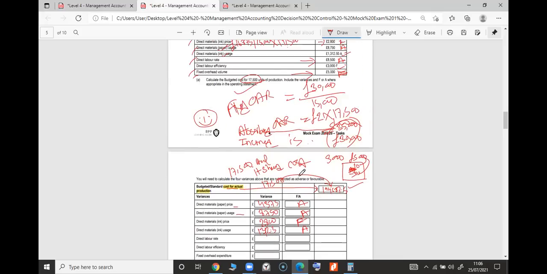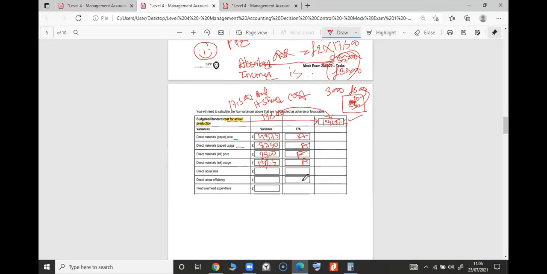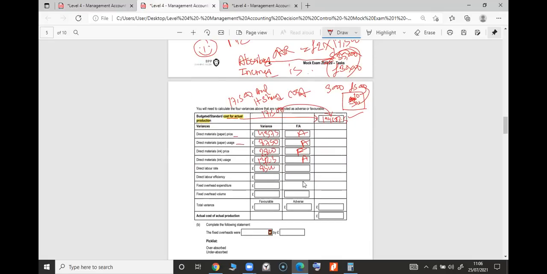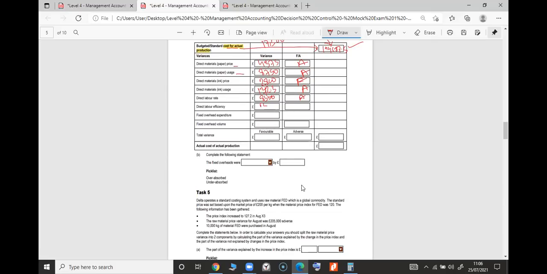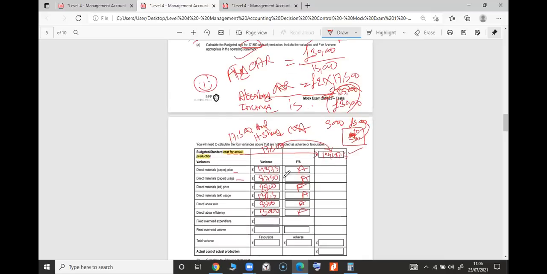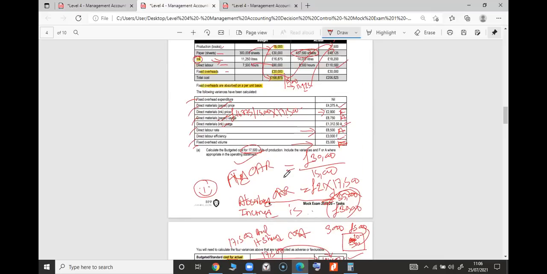Labor rate is just there, 8,500 adverse. Direct labor efficiency, I think it's given. They've done it. Efficiency favorable 3,000, right? Yes, 3,000 favorable. And fixed overhead expenditure, they said it's nil.